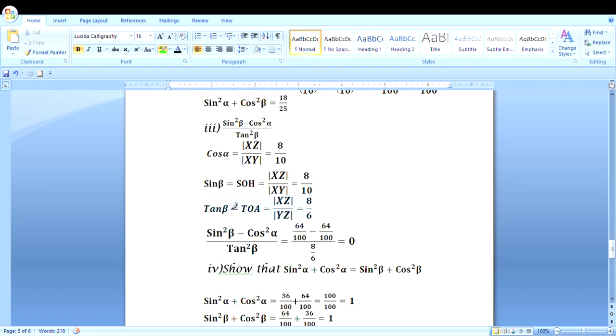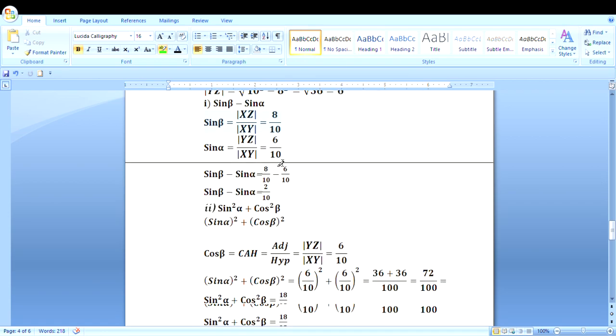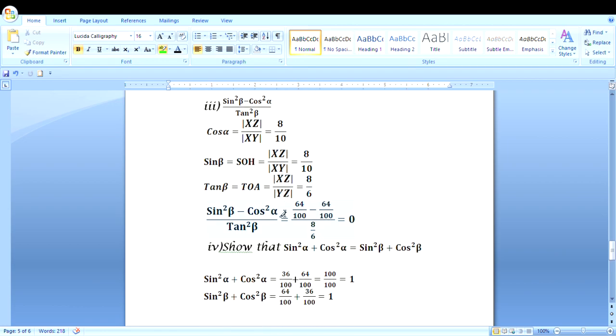Similarly, we already know the value of cos alpha here, 8 over 10. Then sine beta here is the same thing as 8 over 10. Let's look at sine beta. Sine beta here is opposite, which is 8 over 10. Here we can see clearly that the expression becomes sine square.